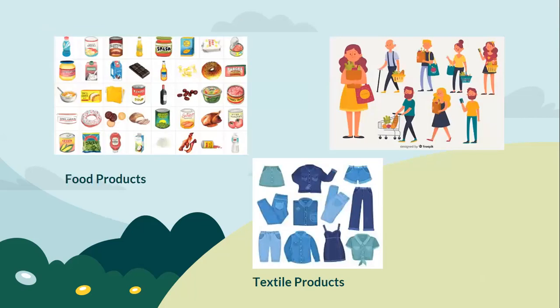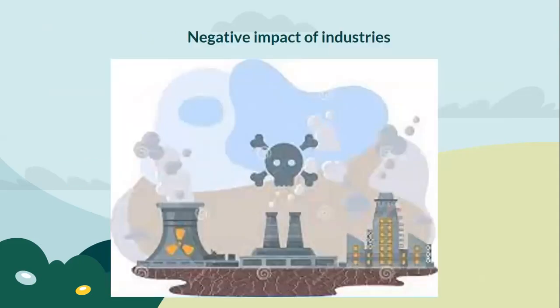The impact of industrial production on society has been quite positive over the years because they facilitate the life of the human being with the products that they provide us, such as food products, textiles, etc. However, they have caused great pollution on the environment.